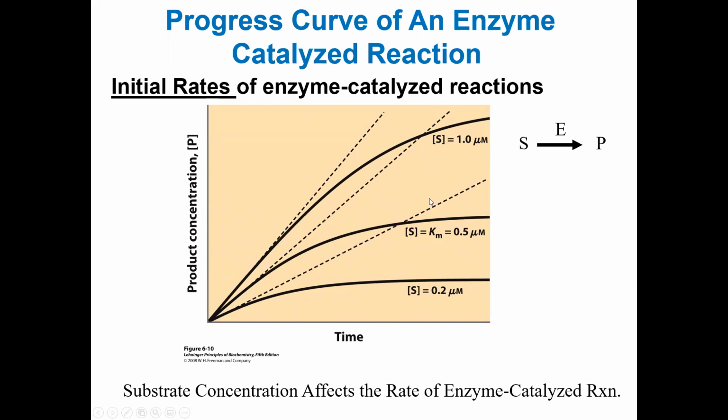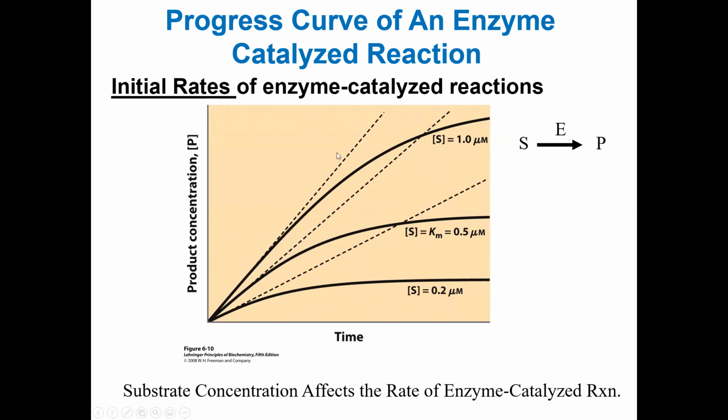So how do you measure the rate? What you do is you basically measure this tangent when the time is 0. Okay, so you extrapolate, you basically measure the initial rate. Initial rate will be the first initial phase, what is the rate? Which means you basically draw a tangent that extrapolates to 0 time and you measure the slope of those.